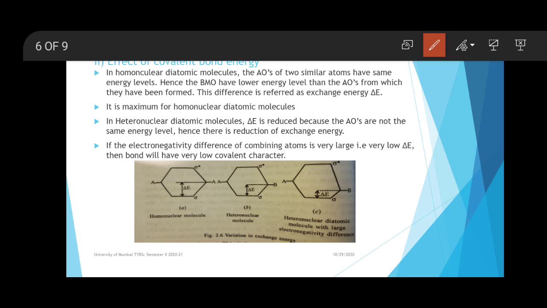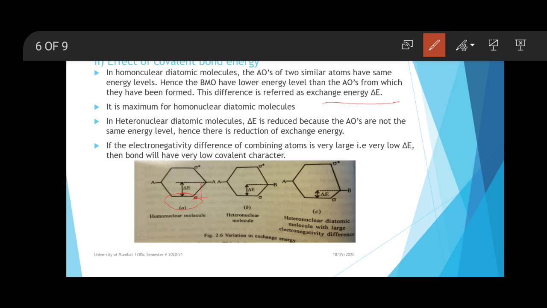In a homonuclear diatomic molecule, when the atomic orbitals of two atoms of the same element combine, the bonding molecular orbital formed has lower energy than the atomic orbitals which were combined. The difference in energy level between these is called exchange energy or delta E, and it is maximum in homonuclear diatomic molecules.